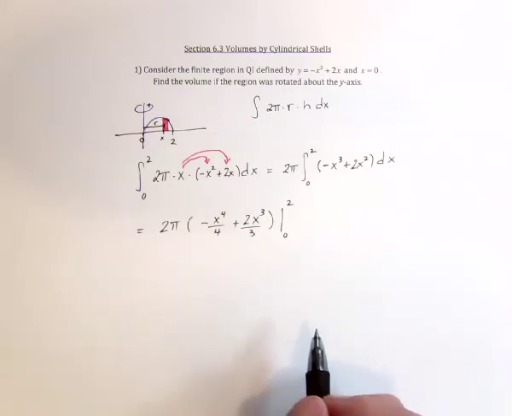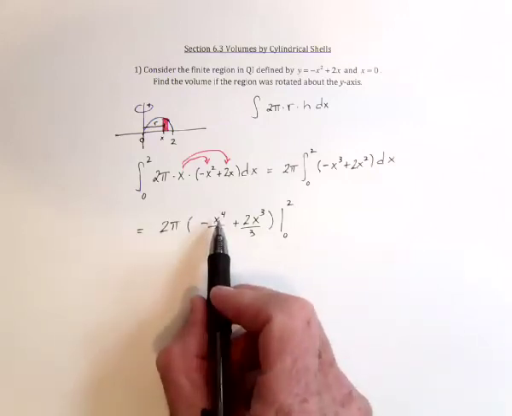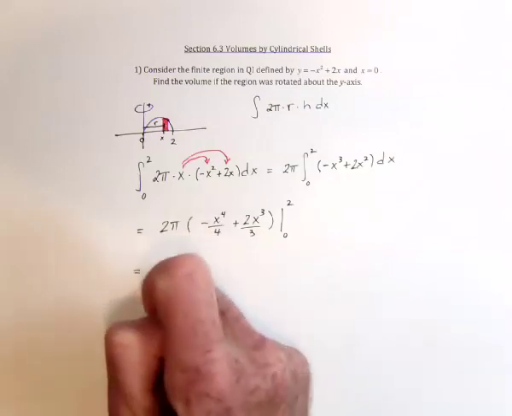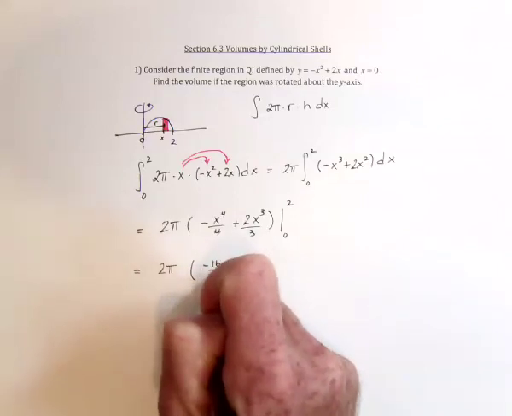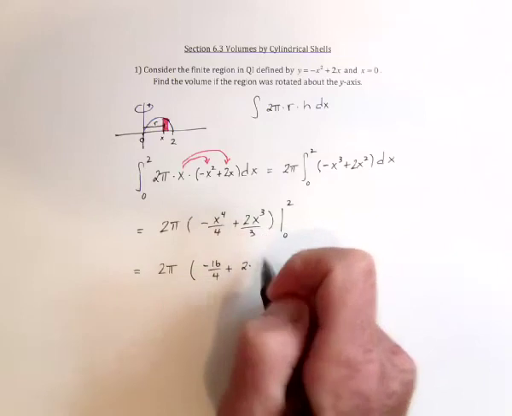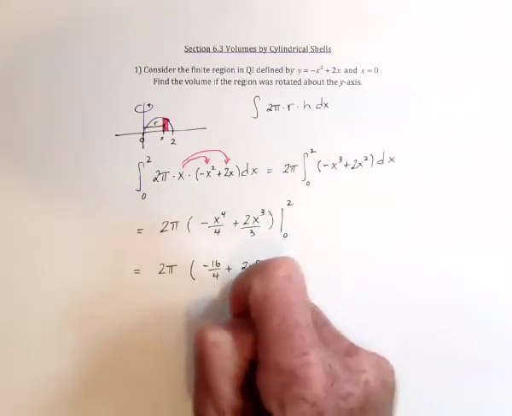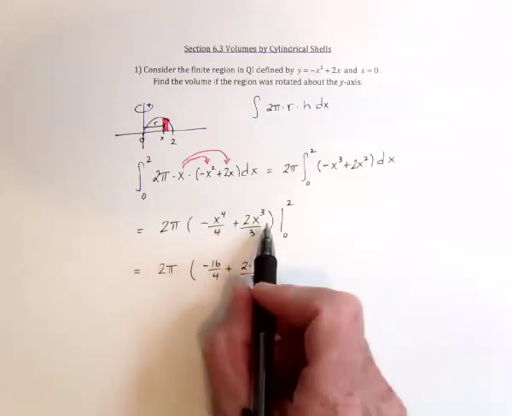So substituting the 2 in there, this would be, let's see, 4 of them. So that would be 4 times 4 is 16. So negative 16 divided by 4 plus 2 times 2 cubed is 8. And then when I substitute a 0, it's 0.